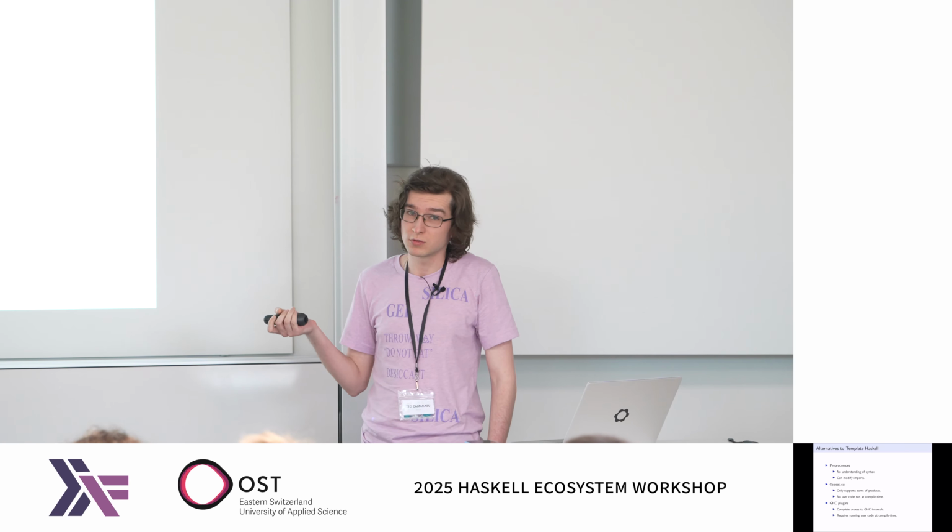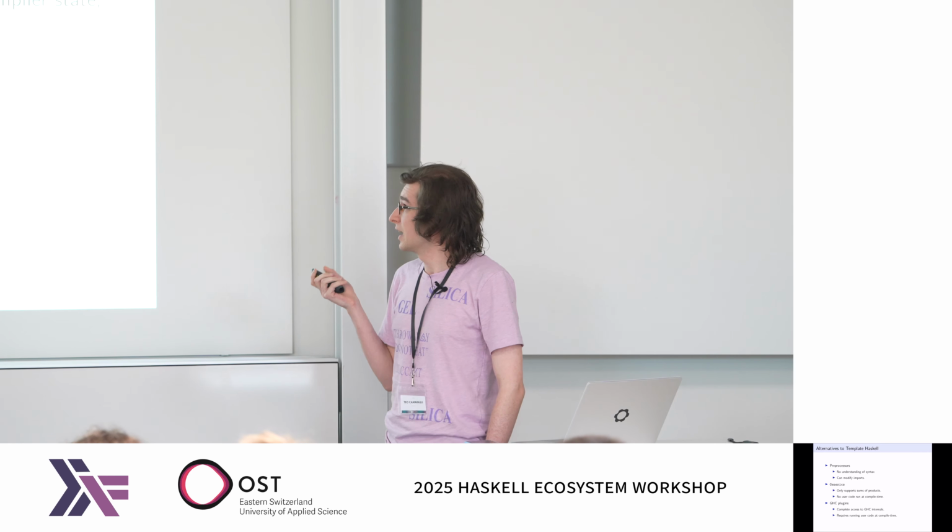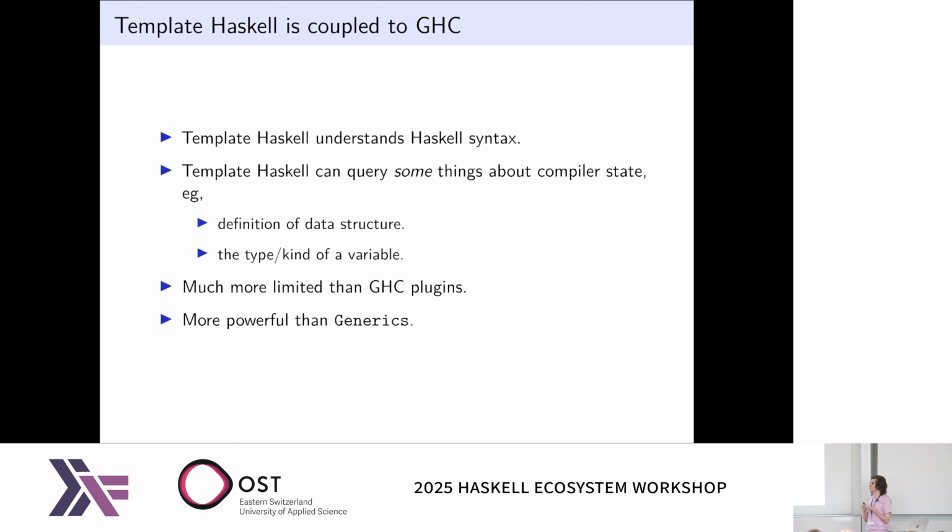And they too require running user code at runtime. Template Haskell is coupled to GHC, but it's less coupled than GHC plugins, and more coupled than generics, so you can kind of think of it falling somewhere in the scale.